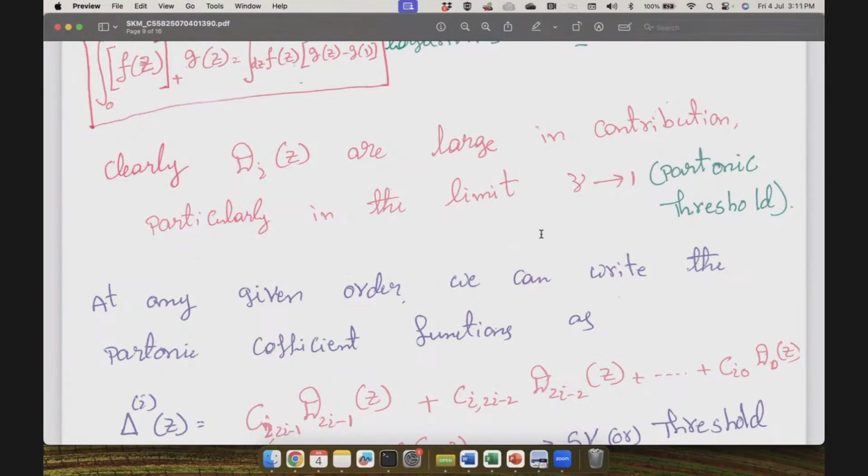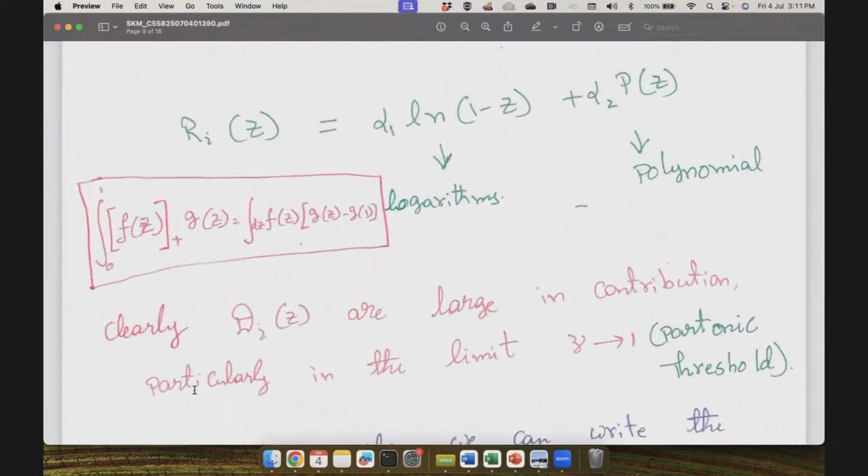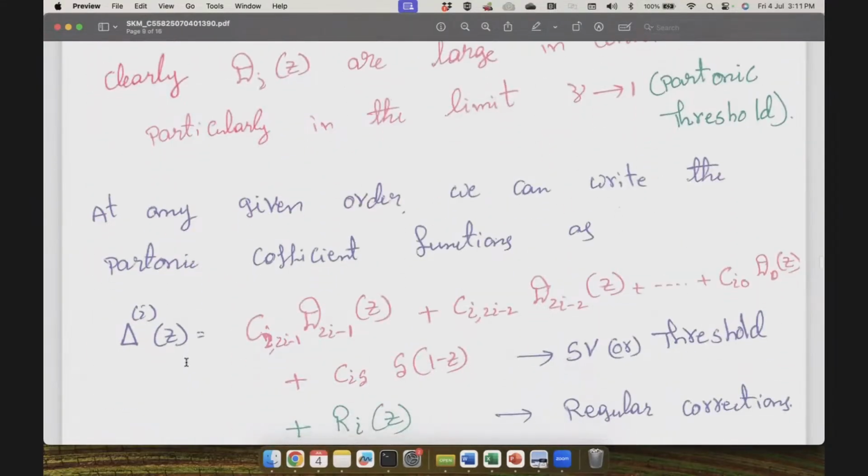So at any given order, we can write the partonic coefficient functions as delta i of z. Here I gave the example of 1, 2, etc. But if I take delta i of z, I can write it as C_i^{2i-1} curly D_{2i-1} of z, and then you keep on decreasing.